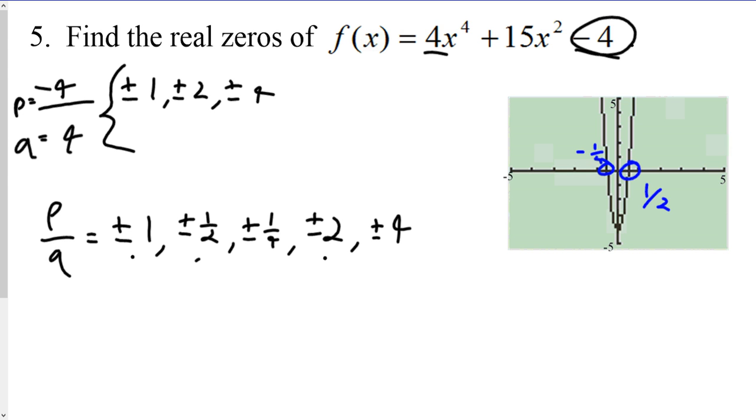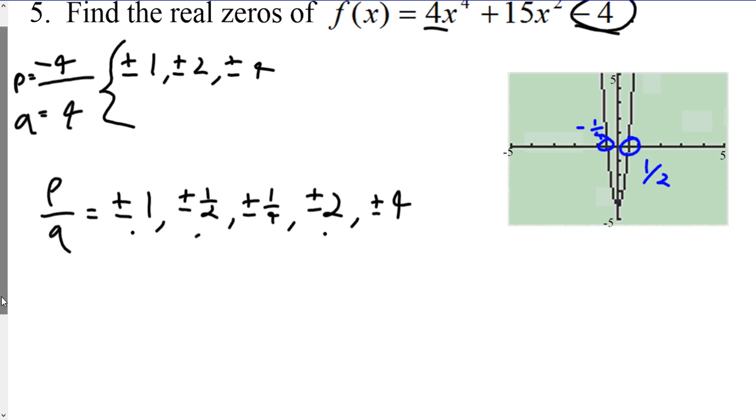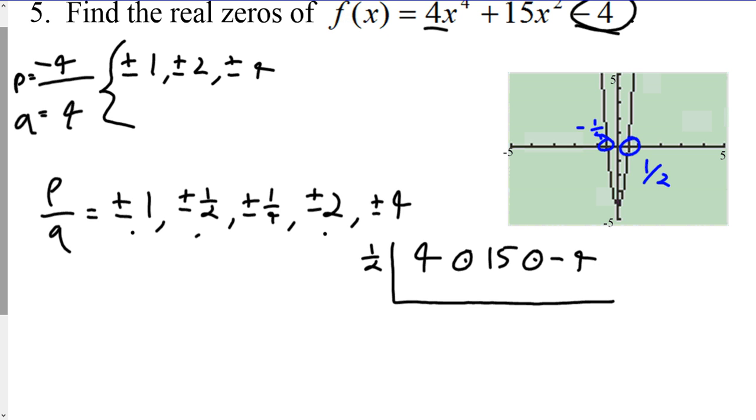So if we do our synthetic division, I'm going to have 4, 0, 15, 0, and -4. And we're doing it by 1/2. Okay, I drop down 4, and I get 2.